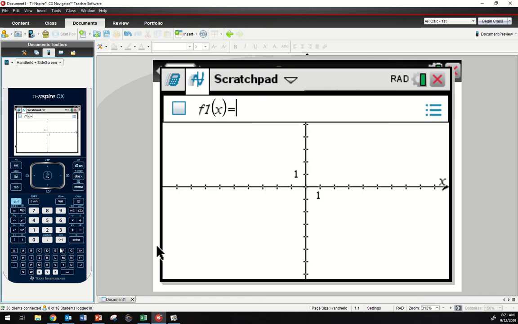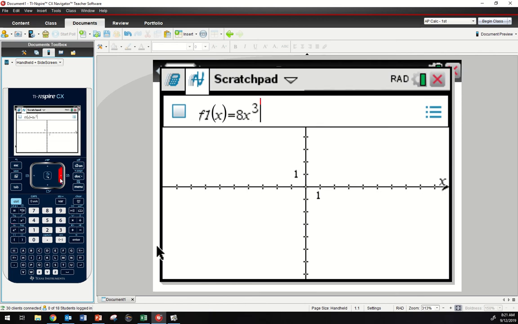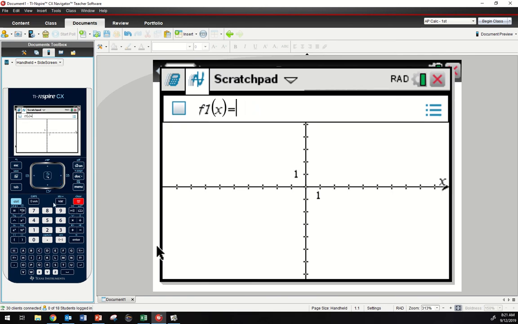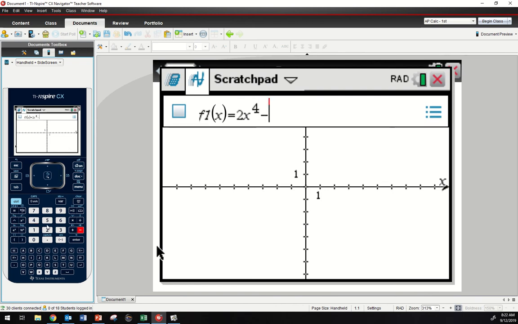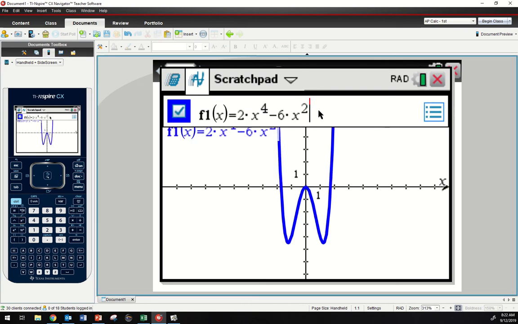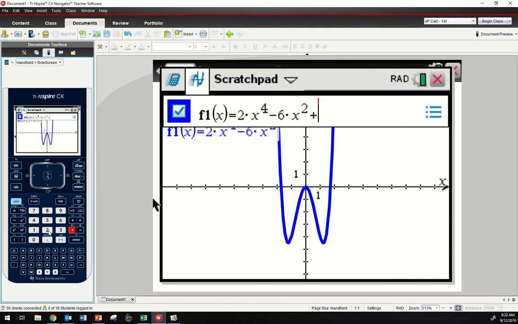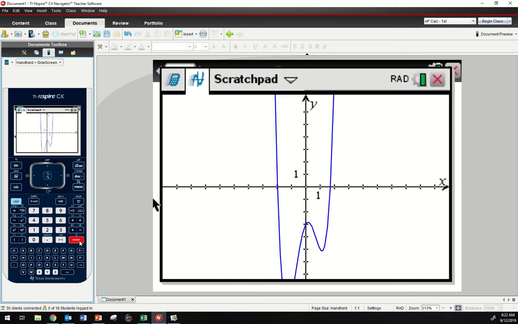My function in the first place was 2x to the 4th, minus 6x squared, plus 2x, minus 3. There we go. So that's my function f.